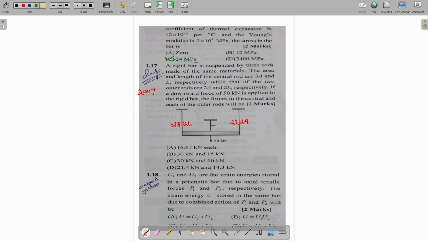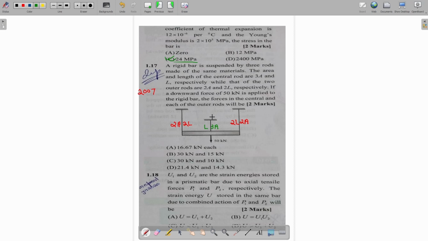At the center, the rod has cross-sectional area 3A and the length is L. Now, since the outer rods have the same cross-sectional area and length, the force acting on these outer rods is the same. So for these two rods, the forces will be the same. It will be different for the central rod, since the cross-sectional area and length are different.